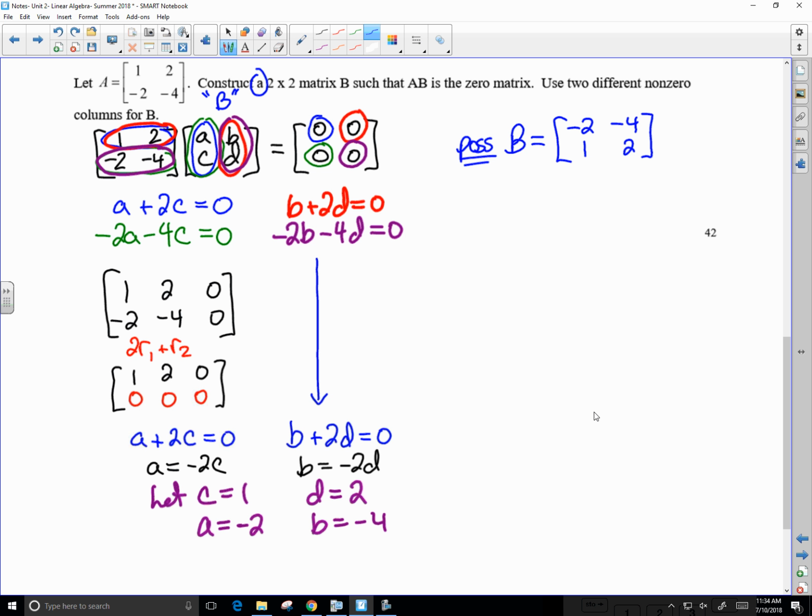So if you just identify the first row, first column, and we dot those together, we should end up with the 0 vector, so we want two vectors that are perpendicular to one another, right?